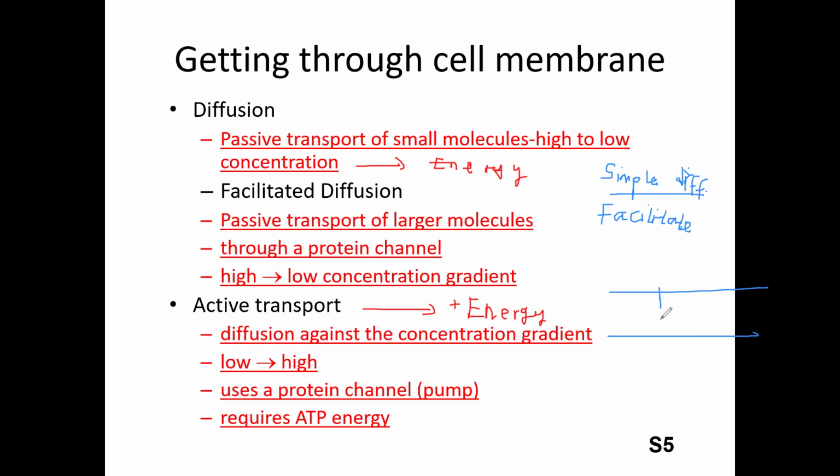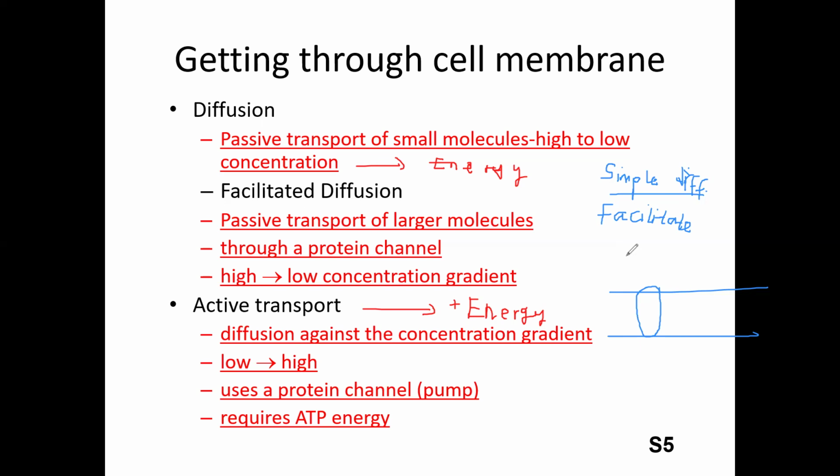In the cell membrane, there is something like this, which is a protein channel. And there is also the need of a carrier, a protein carrier. A protein carrier is like a cargo that takes the biomolecules. After it takes the biomolecules, it will pass them through the protein channel. So that is the difference between facilitated diffusion and simple diffusion.